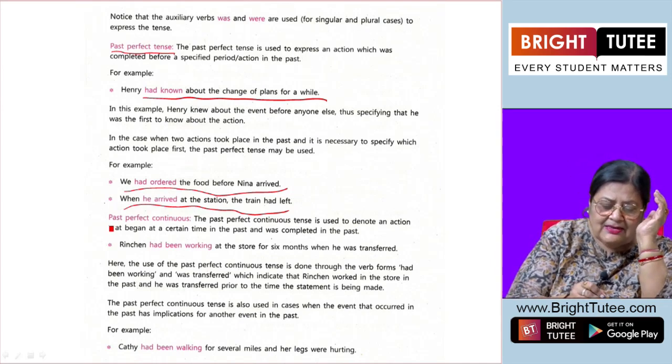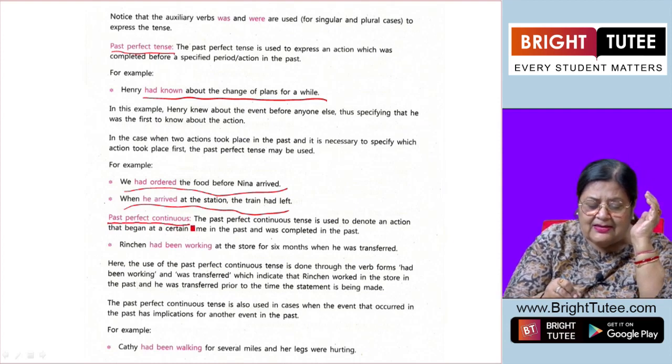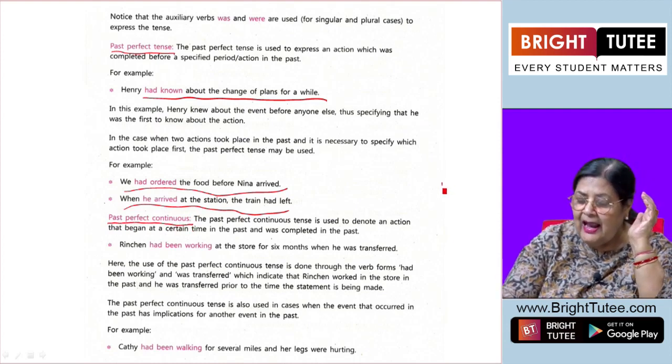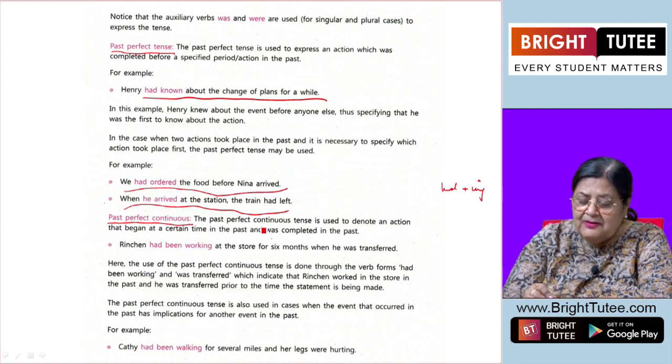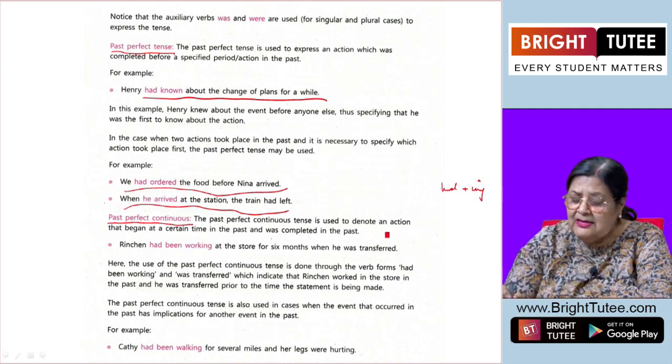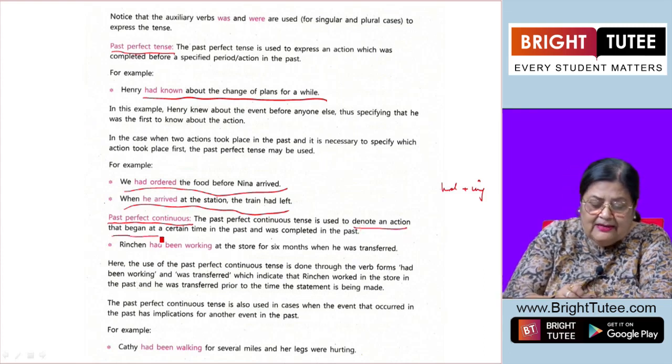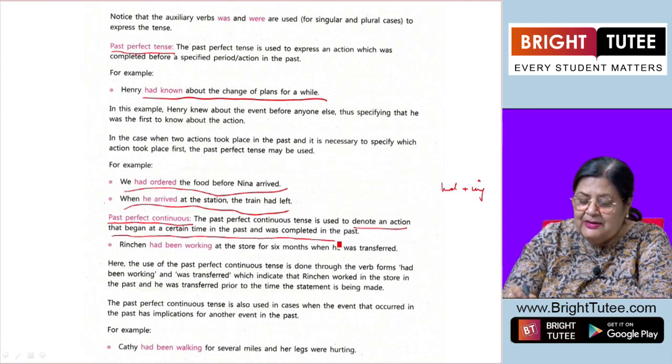Now comes the second perfect, the last one, the perfect continuous tense. Again, it will be had plus ing. Okay. The past perfect continuous tense is used to denote an action that began at a certain time in the past and was completed in the past.